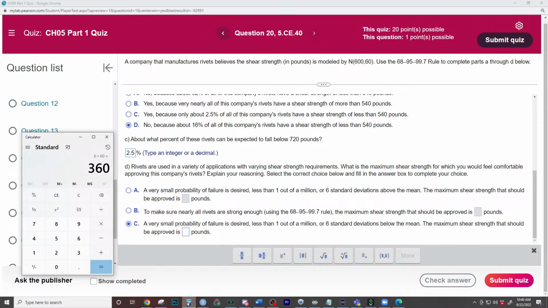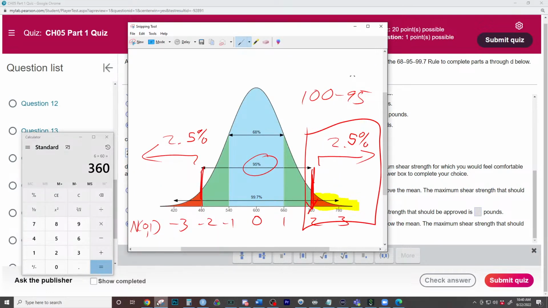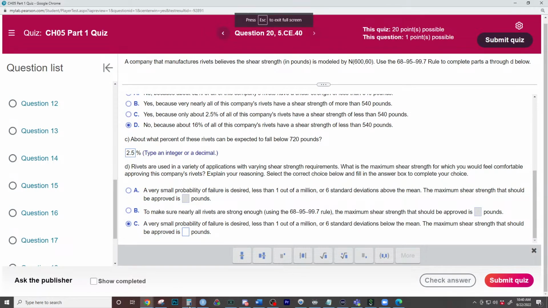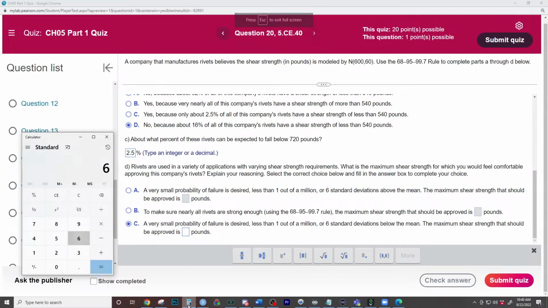There you go right there. And then what do I do now? I want 6 standard deviations below the mean. So technically what I want is way, way, way down off the curve. So what should I do? Subtract it from 600. So we're going to go to 600 and go down 1, 2, 3, 4, 5, 6 standard deviations. So this is the minimum shear strength. I wish they just said it in better language on here.